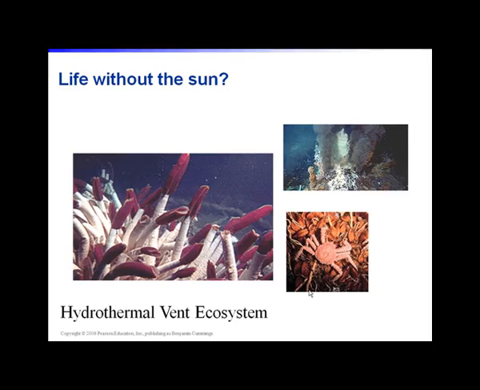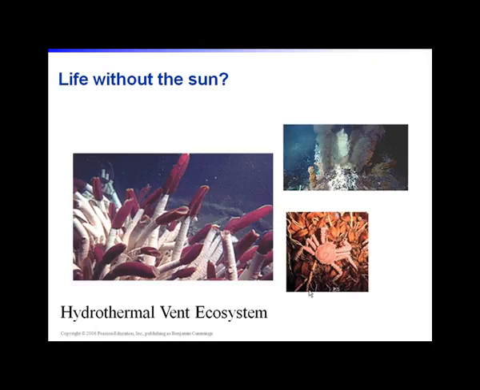Now there are some ecosystems where the sunlight isn't the main power source. The hydrothermal vent ecosystems were discovered in 1977 when an oceanographic expedition aboard the submersible research craft Alvin studied the Galapagos Rift.